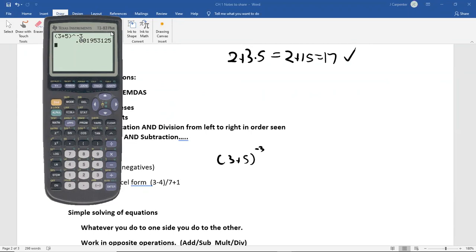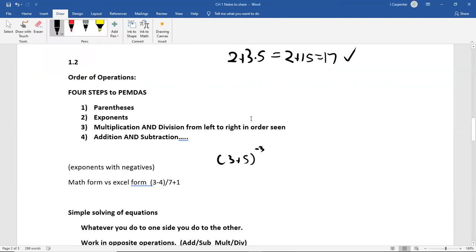And again, I can't sit in front of you physically and say which to do, so you're going to have to figure this out. If you type the negative first and don't get that answer, then maybe you should type it second and see if you get the answer, and make a note to yourself that you need to do the negative last. And it's not just with exponents, that's in general the way that you're doing that negative.